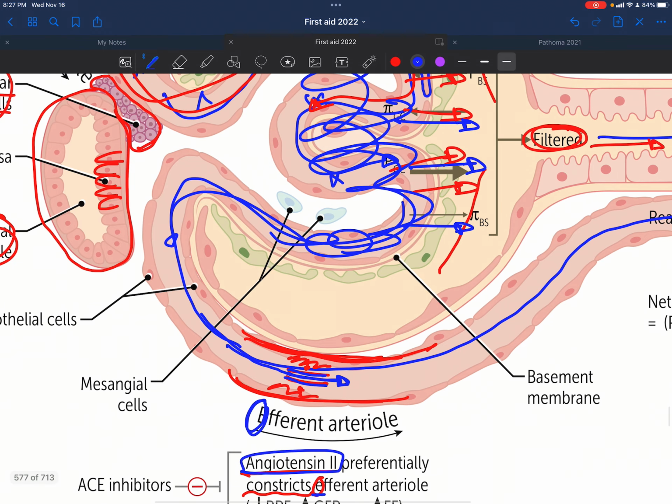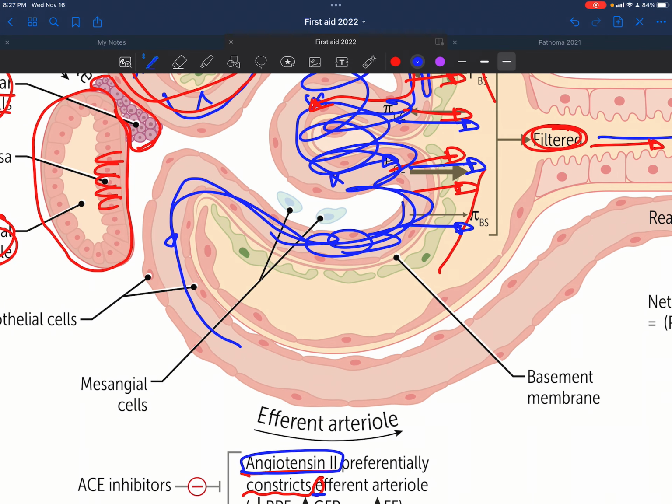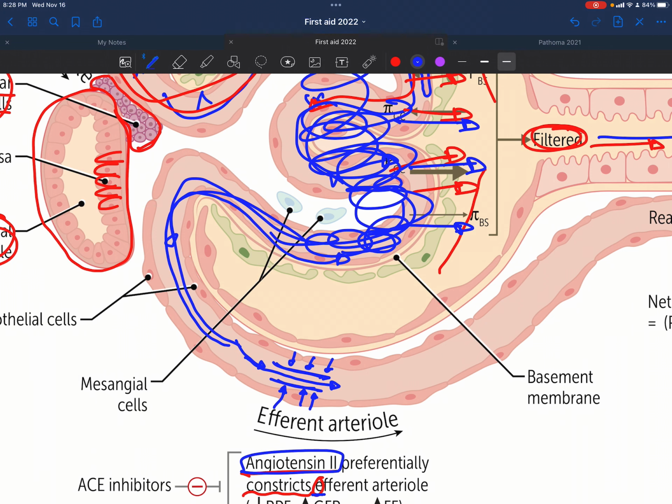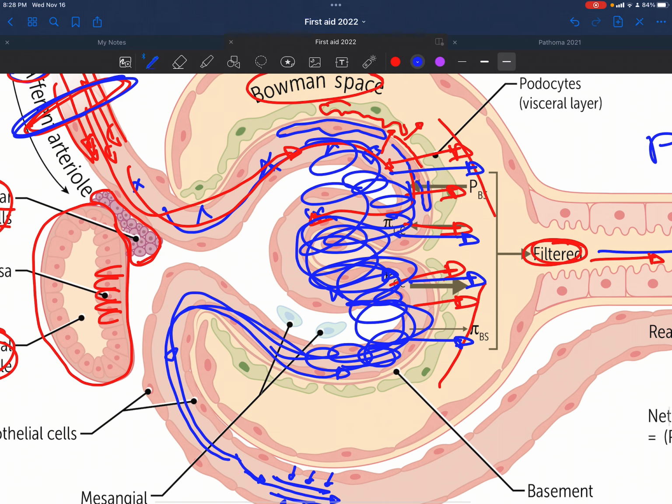The reason why that's happening is this new vasoconstriction over here. The vessel constricts due to angiotensin 2, so now it's smaller, and it's more difficult for the blood to flow through it, so the blood needs to back up and stay here a little bit longer, and then it gets more filtered, so it increases the GFR.